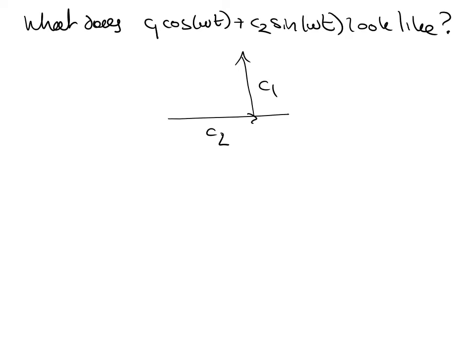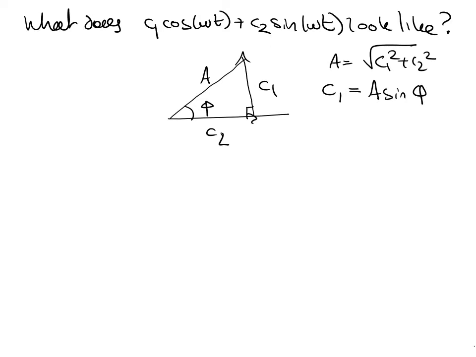It's going to have some angle phi and some hypotenuse A. So A is equal to the square root of C1 squared plus C2 squared. And now I have this nice fact that C1 is equal to A sine phi and C2 is equal to A cosine phi, in this triangle.